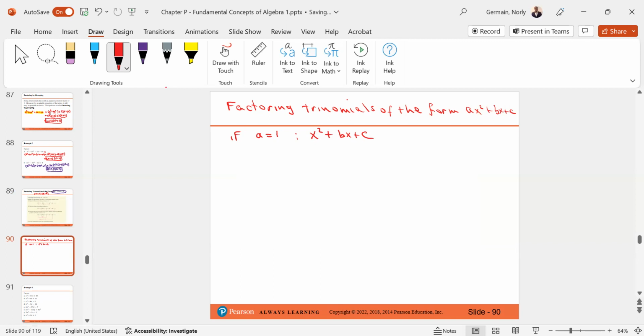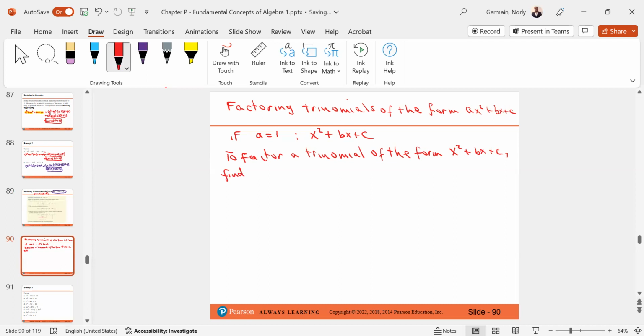To factor a trinomial of the form x squared plus bx plus c, you find two factors.